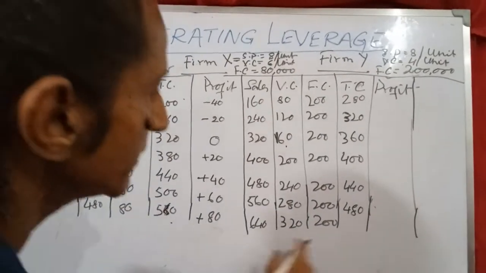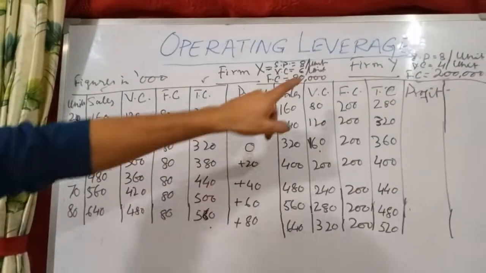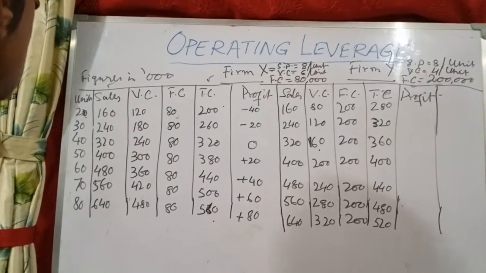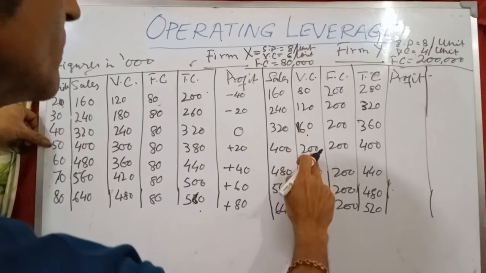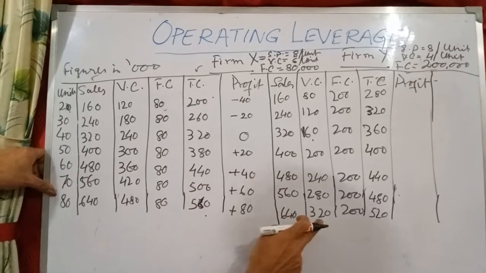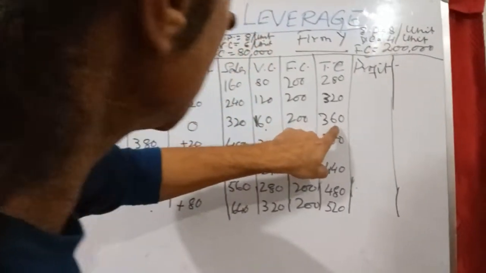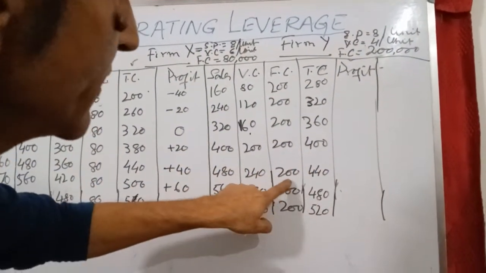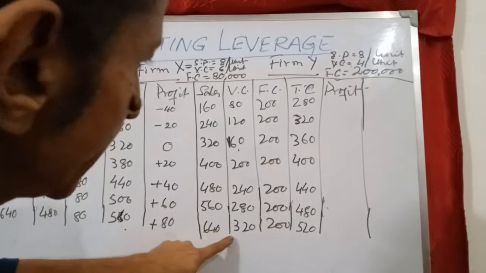And 200 plus 320, that is 520. Okay? Variable cost per unit is rupees 4. So 4 into 20, 80, 4 into 30, 120, 4 into 40, 160, 4 into 50, 200, 4 into 60, 240, 4 into 70, 280, 4 into 80, 320. Fixed cost remains 200, figures in thousand. 80 plus 200 is 280. 200 plus 120 is 320. 200 plus 160, that is 360. 200 plus 200, 400. 200 plus 240 is 440. 200 plus 280, 480. 200 plus 320 is 520.